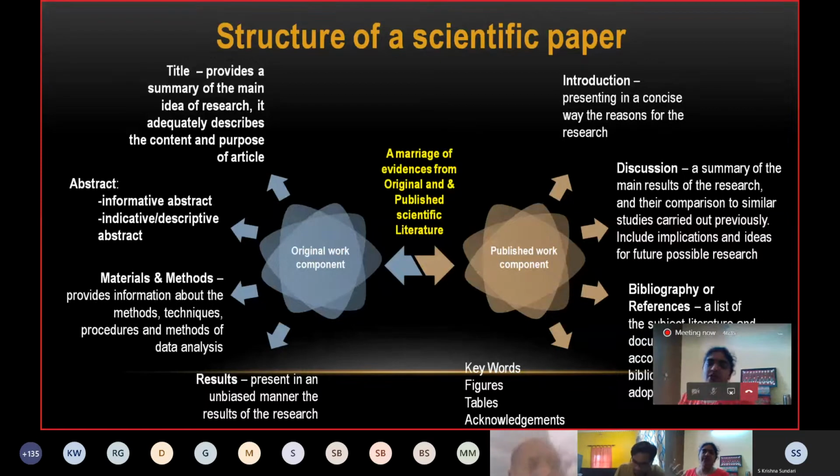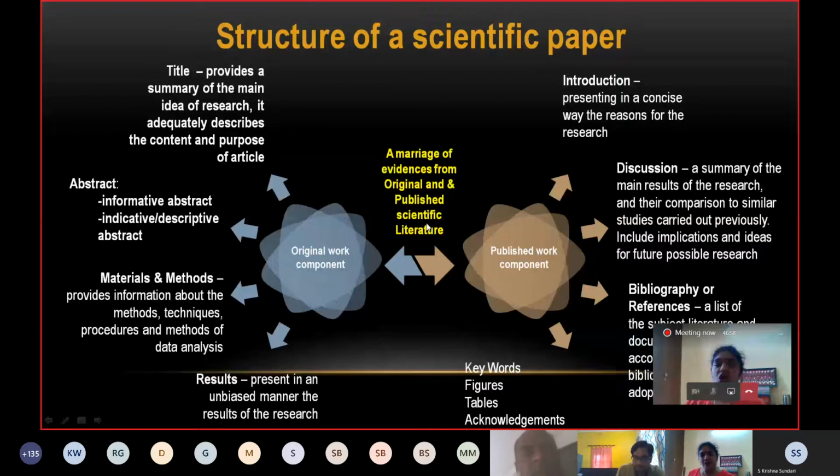But because of time, I would like to take one example concisely, and that example is the structure of a scientific paper. What I'm showing here is a marriage of evidences from original and published scientific literature.